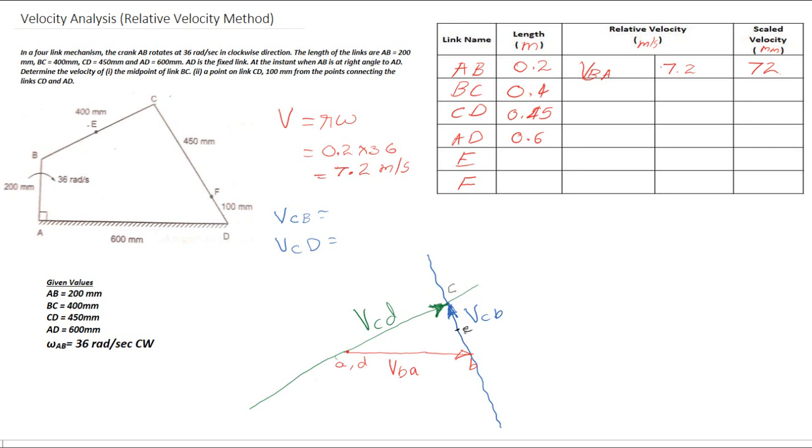So I will tell you how to find this point E. You can see that the link BC is of 400 mm, and link BE is equal to 200 mm.